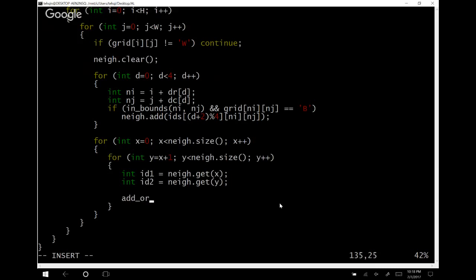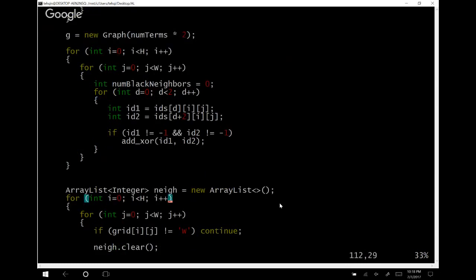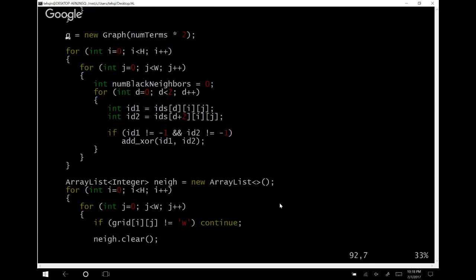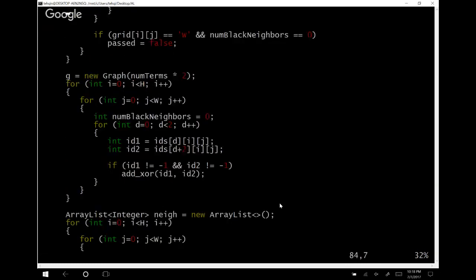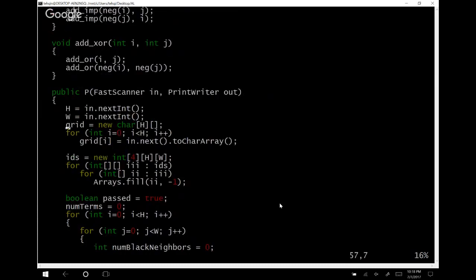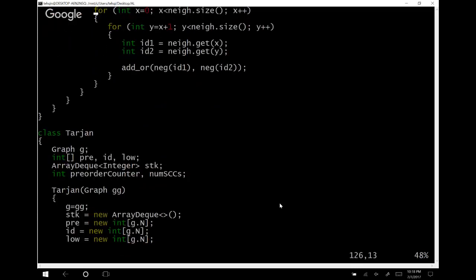And I just add an OR edge to negation of ID 1 and negation of ID 2. So that adds my OR. And so those were all my rules for the 2-SAT solver. So that should be my 2-SAT graph if I set this up correctly. And that should solve the problem.